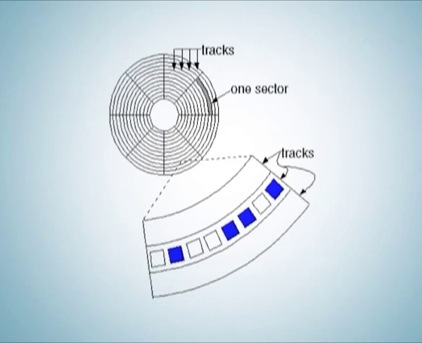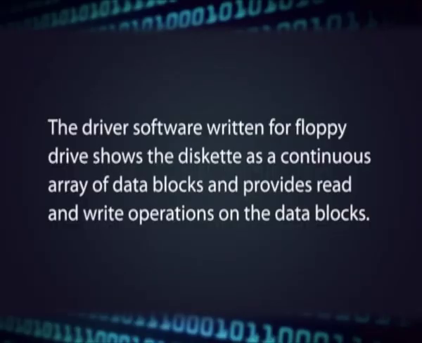The information of a sector is divided into blocks. However, the driver software treats the entire floppy disk as an array of contiguous data blocks. The driver software written for a floppy drive shows the diskette as a contiguous array of data blocks and provides read and write operations on the data blocks.